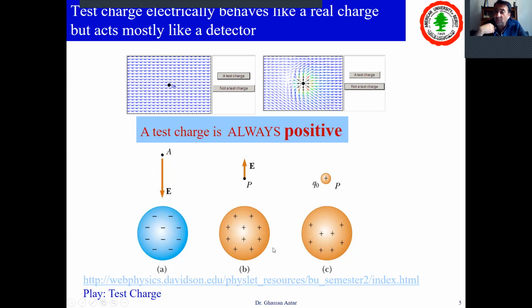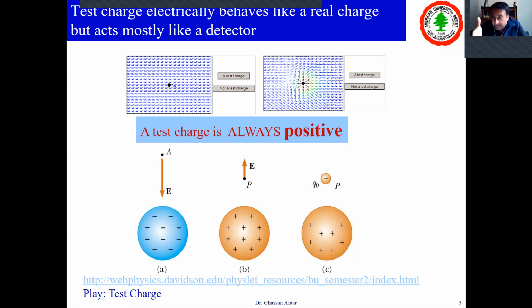But since I want to measure the electric field at a point P of the real charge without any perturbation, I need to reduce this Q0 to very small, that is the test charge, so that the initial distribution of charges is basically unmodified.